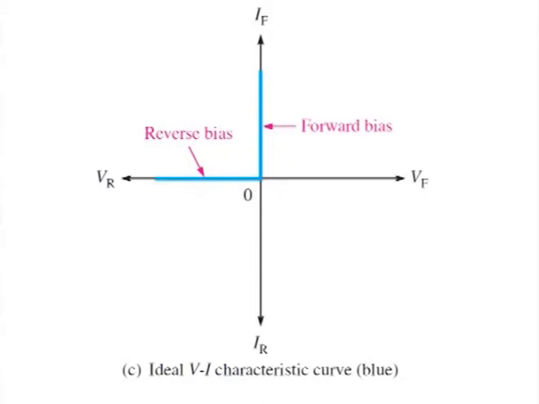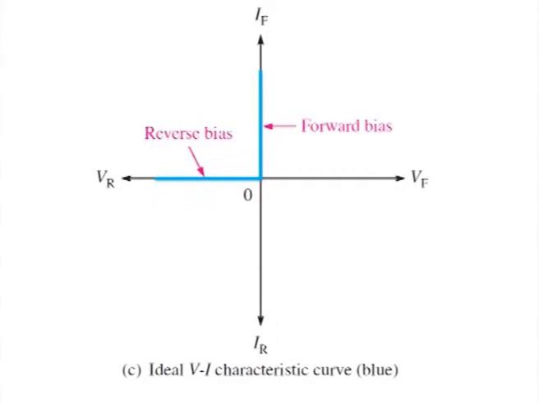The ideal VI characteristic curve graphically depicts the ideal diode operation. Since the barrier potential and the forward dynamic resistance are neglected, the diode is assumed to have a 0 voltage across it when forward biased, as indicated by the portion of the curve on the positive vertical axis.